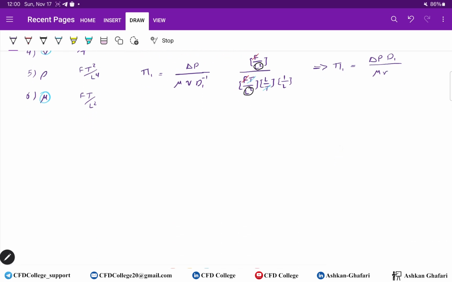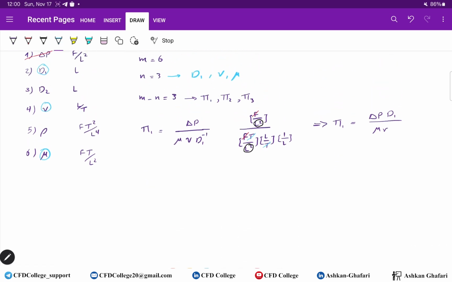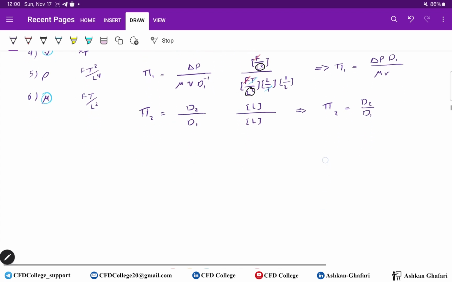Next one is D2. It's easy. Pi 2 equals D2. The unit is L, and if we put D1 here, we have the dimensionless group. So pi 2 equals D2 over D1.